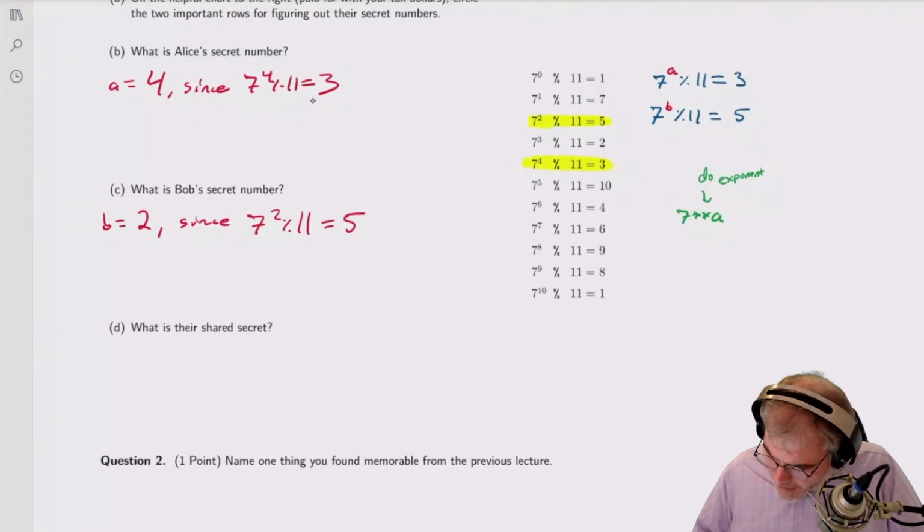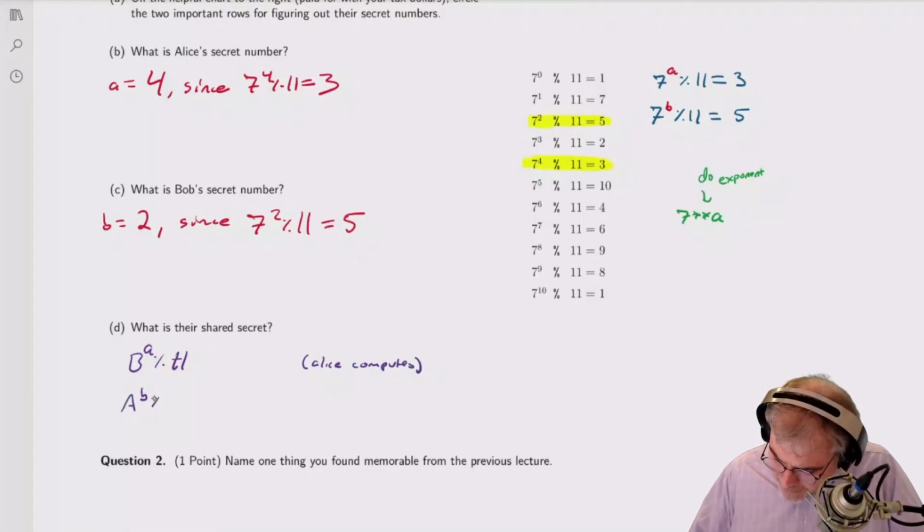I can take Bob's, so I can do B to the A mod 11. That was what Alice computes. I can do big A to the little b mod 11. That's what Bob did.